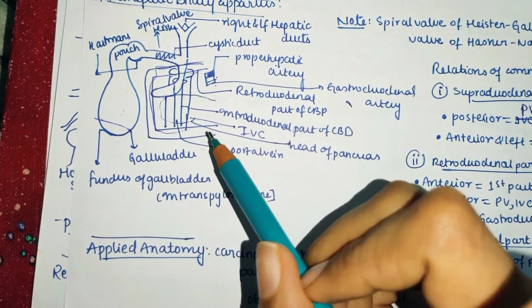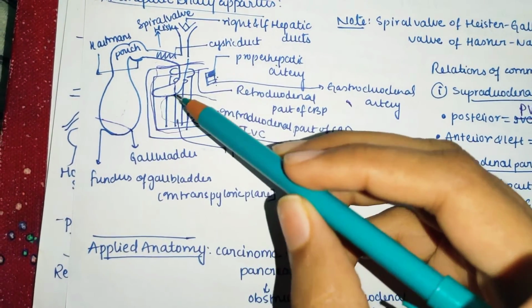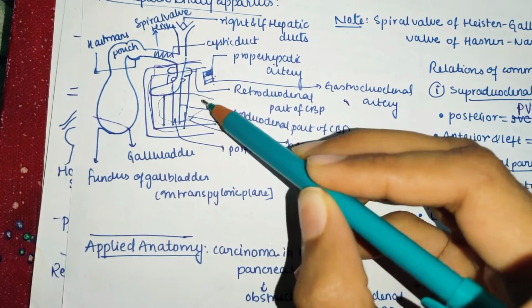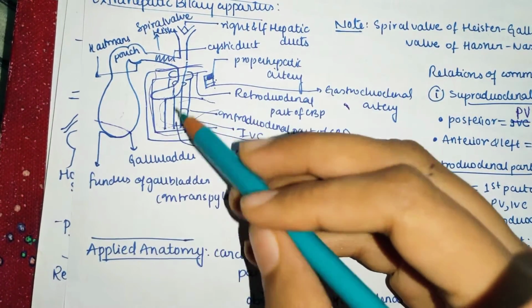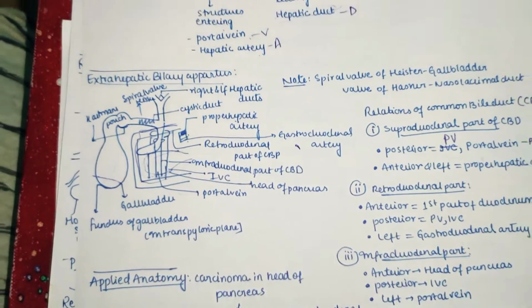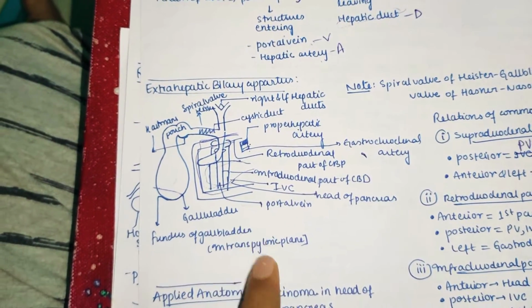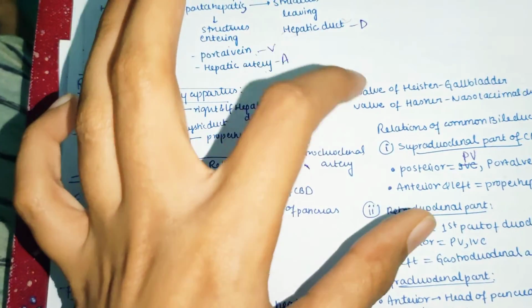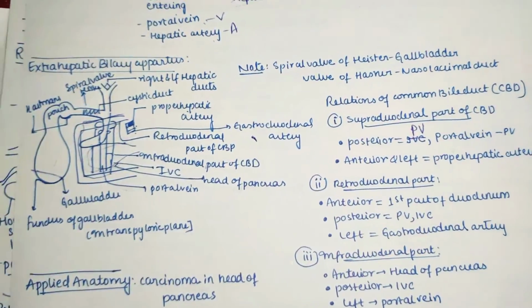And on the posterior side you can see the inferior vena cava, and at the concavity of duodenum there will be head of pancreas, and also on the posterior side you have the portal vein. So these are all the different structures present in this diagram. And you know that the fundus of gallbladder is present in transpyloric plane. So now let us see this note and some important points related to this diagram.